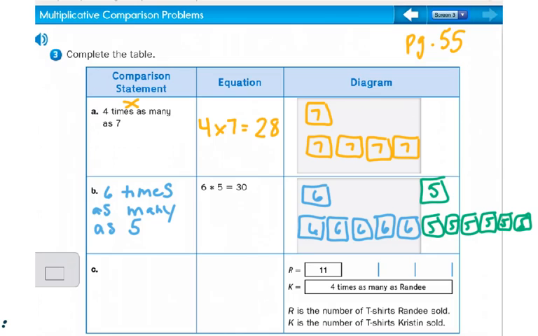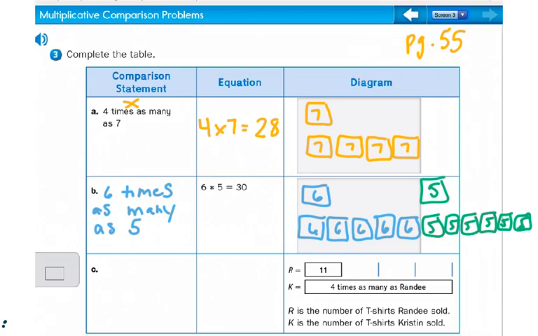Lastly, letter C. This time it gives us a diagram, and it says R is the number of t-shirts Randy sold. K is the number of t-shirts Kristen sold. Randy sold 11, and Kristen sold 4 times as many as Randy.